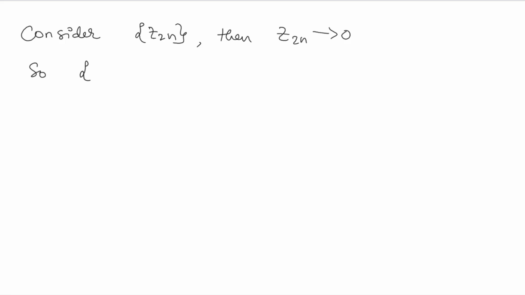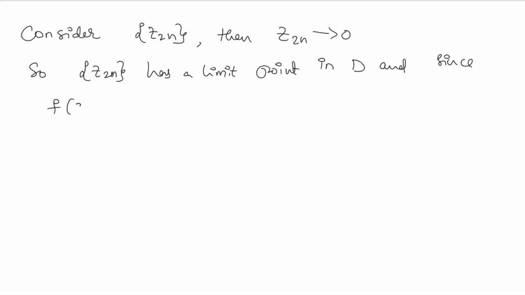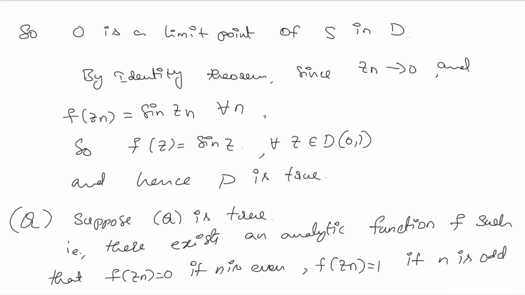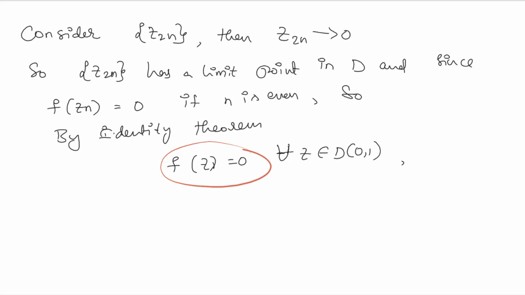So Z2n has a limit point in D, and since f(Zn) = 0 if n is even, by the identity theorem we can say f(z) = 0 for all z in D(0,1). So when we assume the statement is true, we get f identically equal to 0.